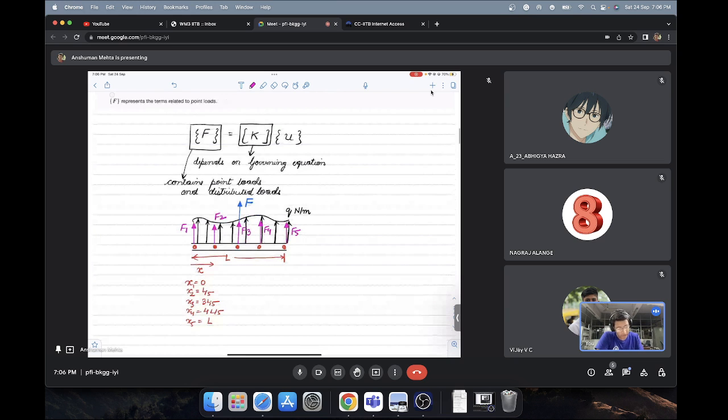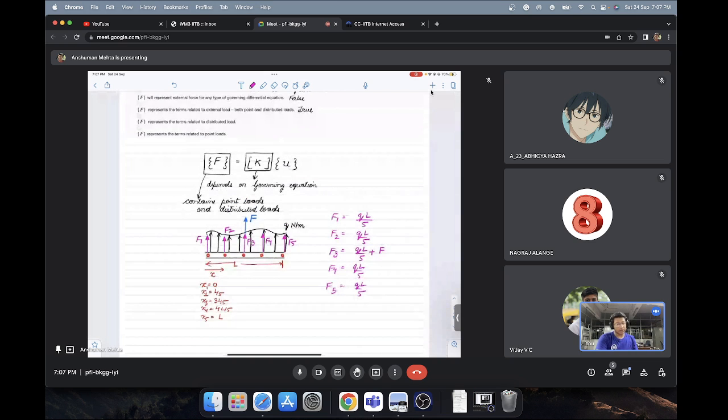So this F1 value will be QL by 5, F2 value will be QL by 5, F3 value will be QL by 5 plus F, F4 will be QL by 5, and F5 will also be QL by 5.